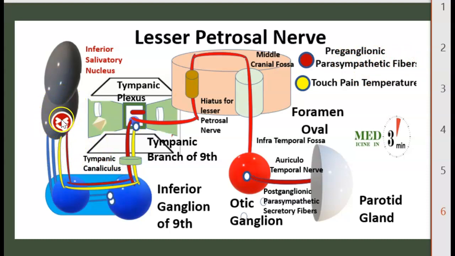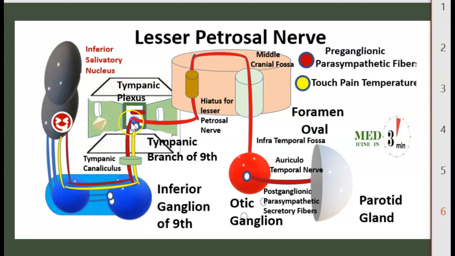Inferior salivatory nucleus, inferior ganglion of the glossopharyngeal, tympanic canaliculus, promontory. From the promontory there is a tympanic plexus, and in this tympanic plexus the touch, pain, and temperature fibers end at this level.